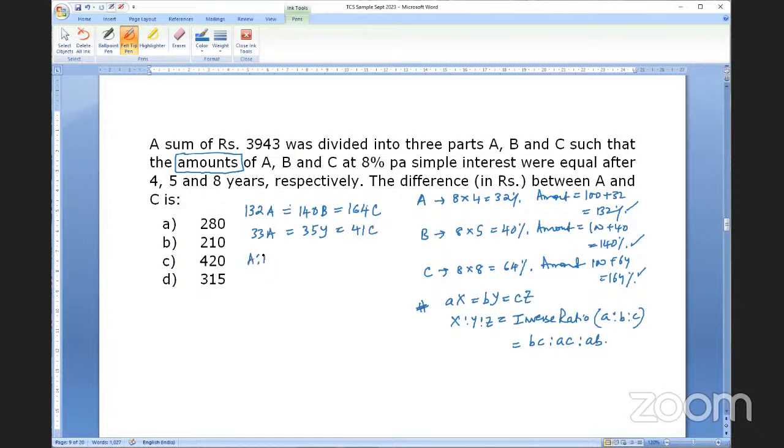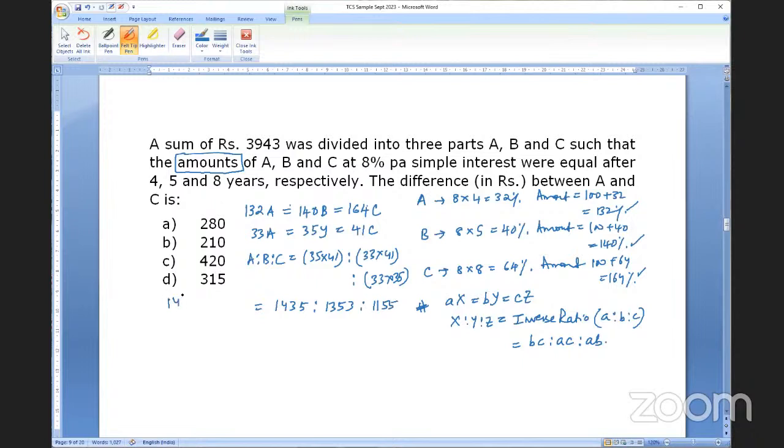Now I'll calculate A is to B is to C. Part for A will be 35 into 41, for B it will be 33 into 41, for C it will be 33 into 35. So that will give us 1435 is to 1353 is to 1155.